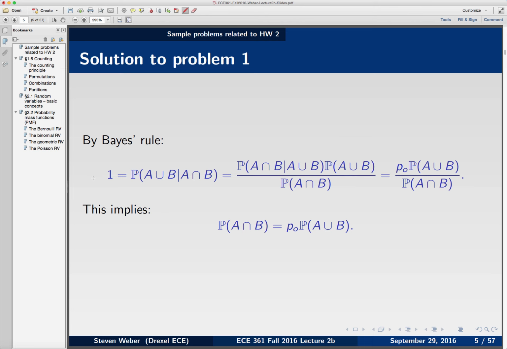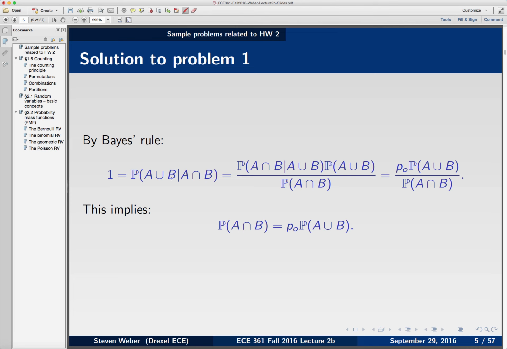Let's start with Bayes' rule. First of all, if I tell you that A and B are true, then certainly A or B is true, because A and B is a subset of A or B. So that equals 1.